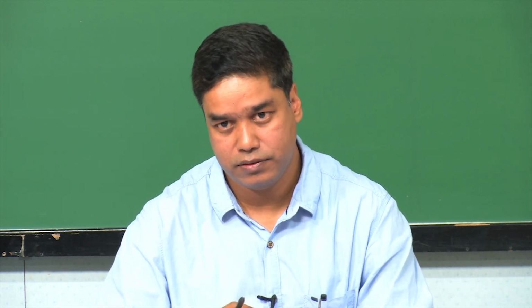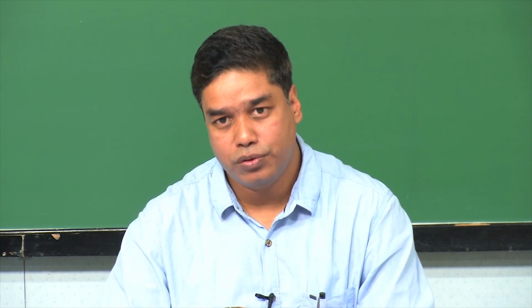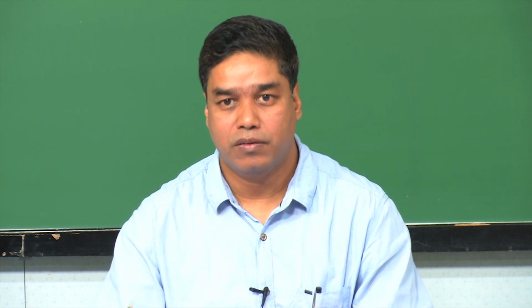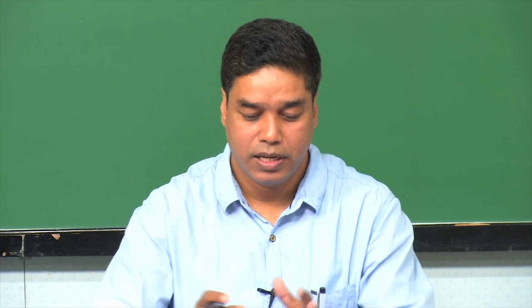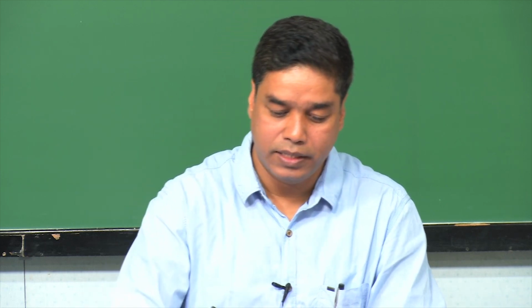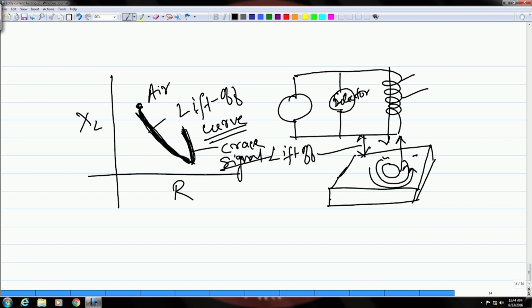One is Faraday's law and the other one is Lenz's law, and then we also took the help of Ohm's law and got an expression for this. And then once you construct this impedance plane, in this fashion, as we discussed, you would be able to get a signal out of a defect, like a spike over the lift off curve, which will indicate that there is some discontinuity on the surface, due to which there is a change in the coil which is being detected in terms of this impedance parameter.